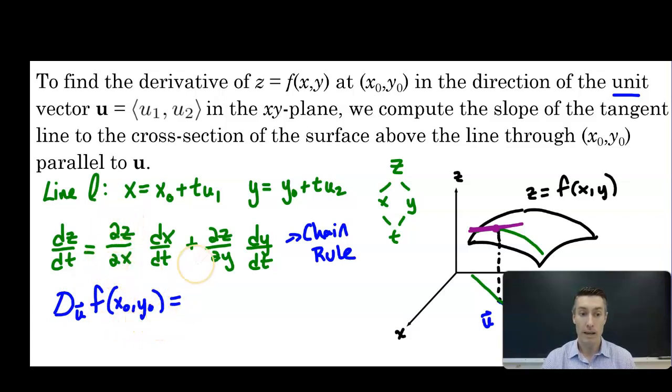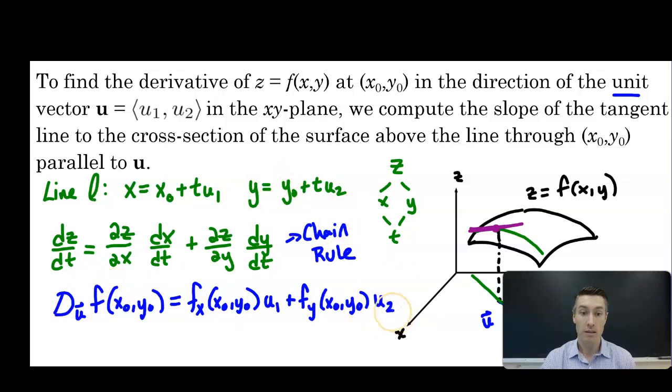So partial of z with respect to x, let's use subscript notation, just as a little cleaner. So partial with respect to x at x naught, y naught. And then dx/dt, if we differentiate our x equation with respect to t, we get u1. And then partial with respect to y at x naught, y naught, and differentiate y with respect to t, we get u2.